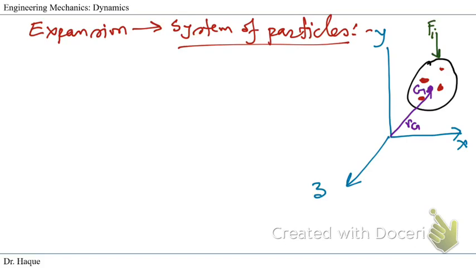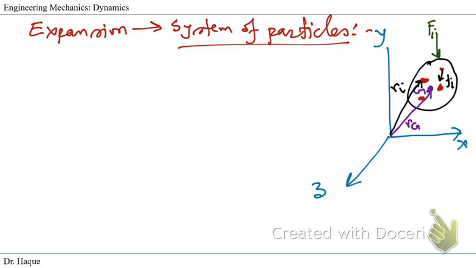For each of the particles, we also have a different position vector, which is r_i. There's also an internal force of the particles onto each other, which can be defined as a small f_i. Now, this is the system of particles.